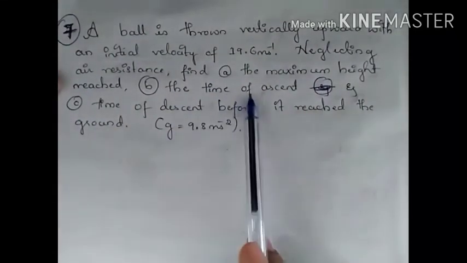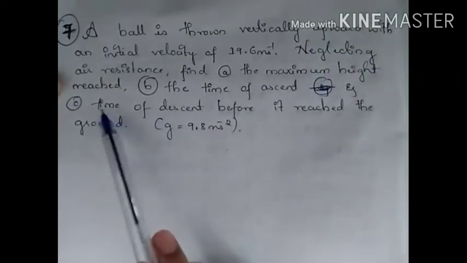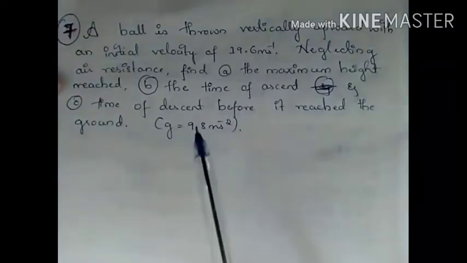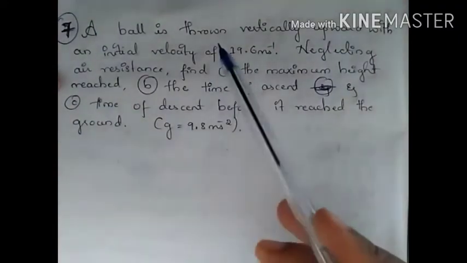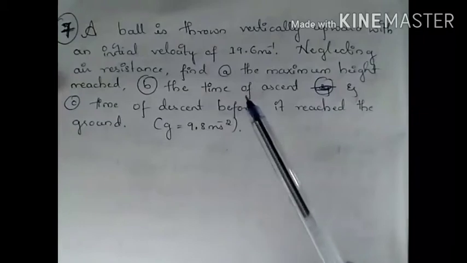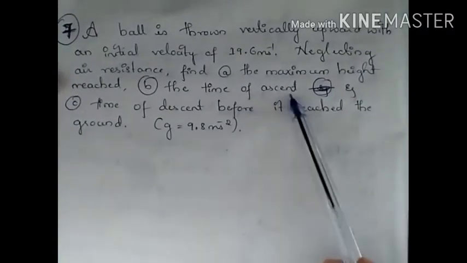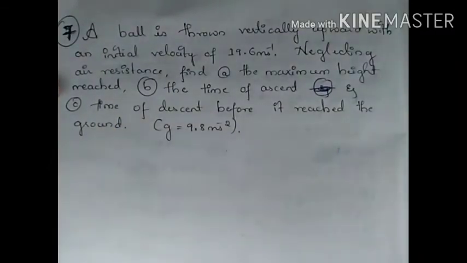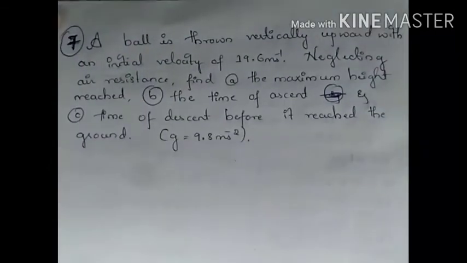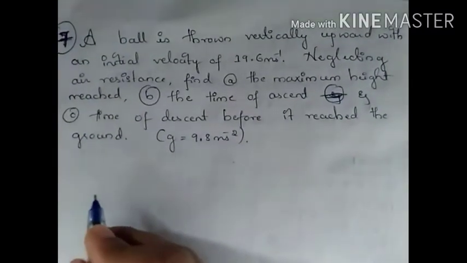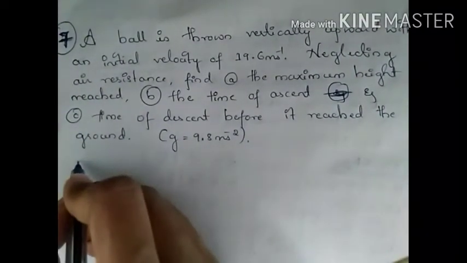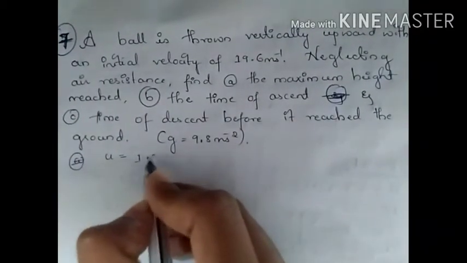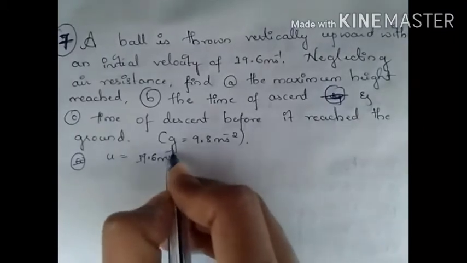B is the time of ascent and C is the time of descent before it reaches the ground. So how much time it takes to reach the maximum height, the time of ascent, needs to be calculated, and the time of descent is also to be calculated. When this ball is thrown vertically upward, the initial velocity u is 19.6 meters per second.